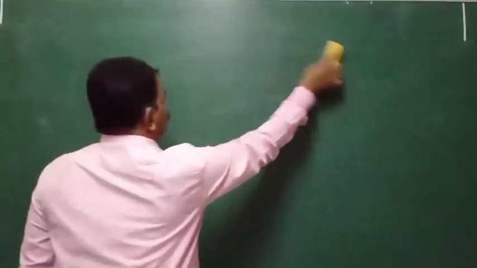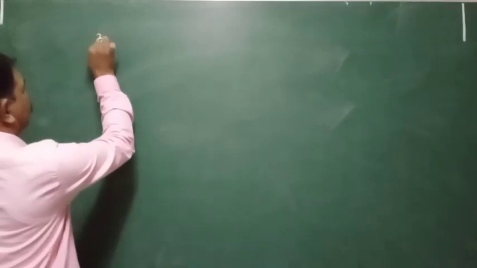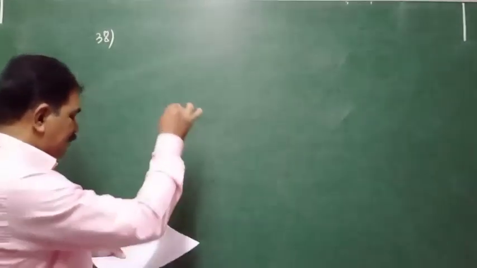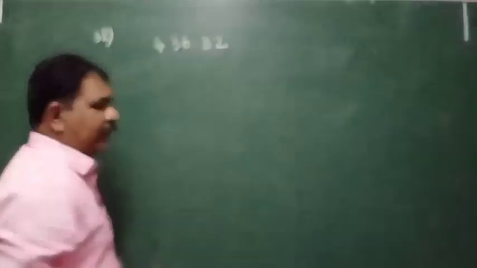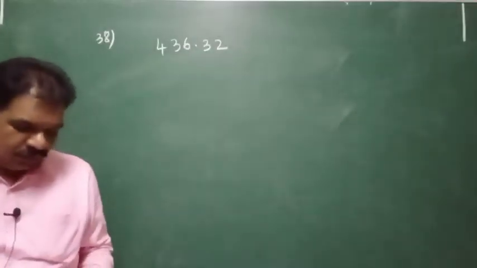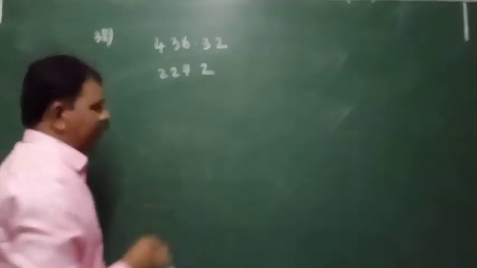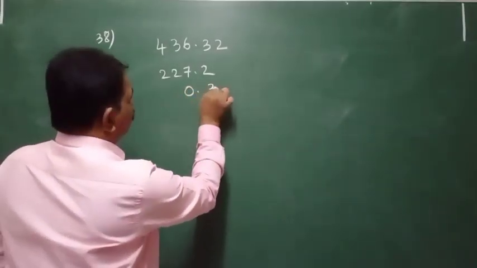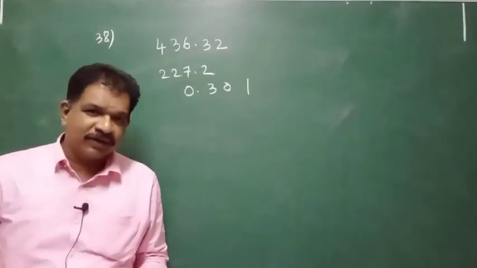We already discussed on the board how to add and subtract with respect to significant figures. Just consider these numbers: 436.32, 227.2, 0.301. What is the answer?